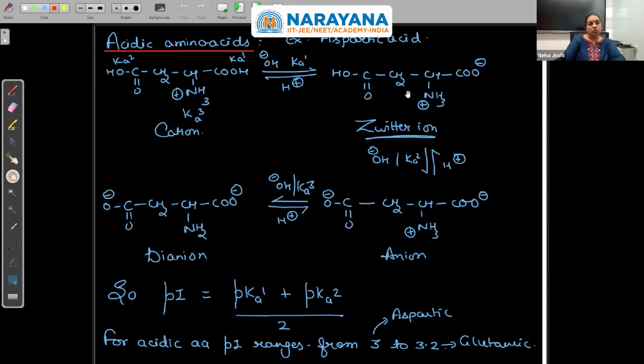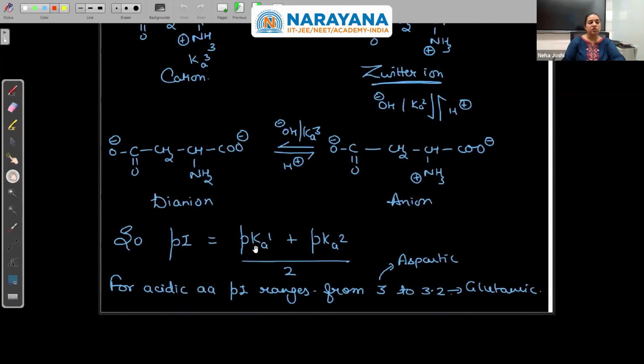Now see, the zwitterion is sandwiched between K1 and K2. So I will say the isoelectric pH is (pK1 plus pK2) by 2. You got it, how to do it? And for acidic amino acids, there are two: one is aspartic, one is glutamic, and it is found at 3 and 3.2. So you can roughly say it is 3.